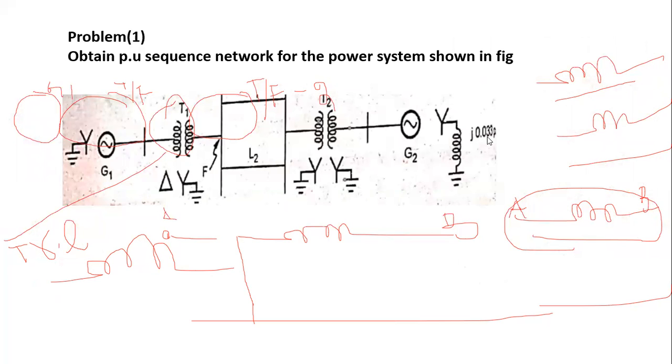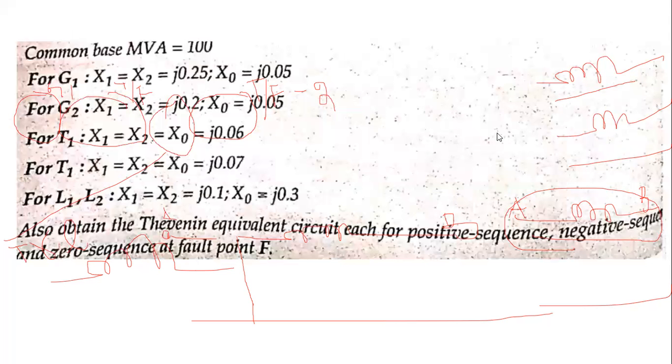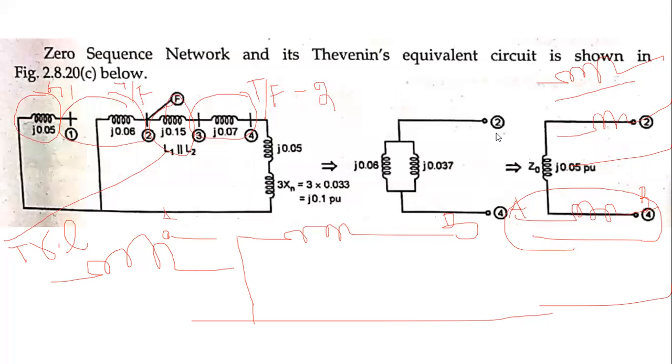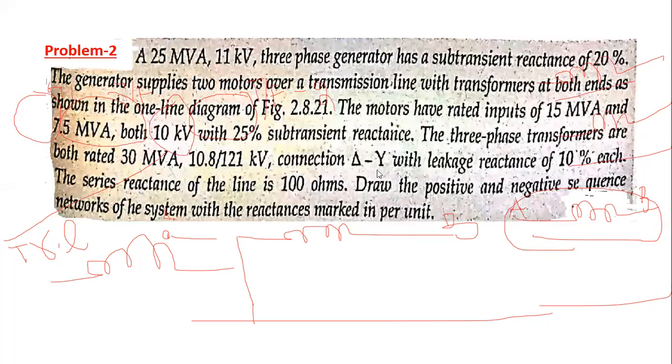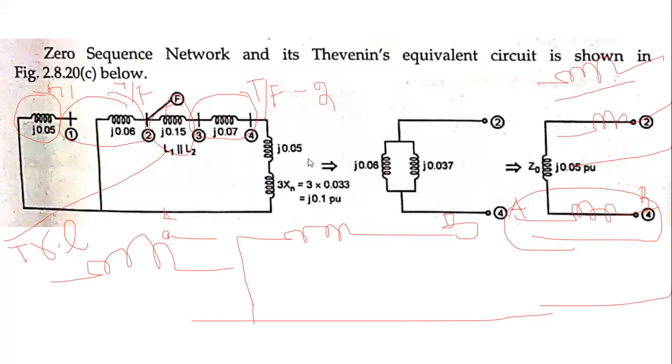That is 3Xn, equal to 3 into Xn, which is 0.033. That is equal to J0.1 per unit.